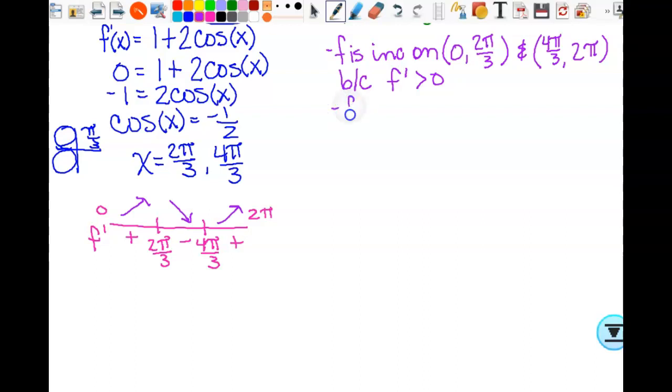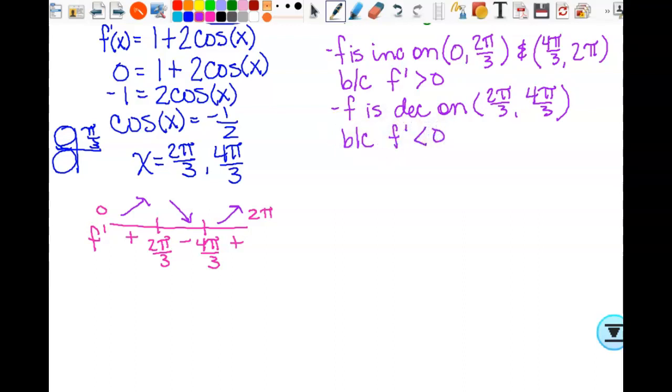And then go ahead and write the other one. And then go ahead and write out your max and mins.